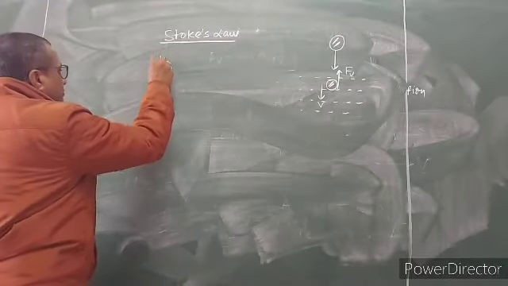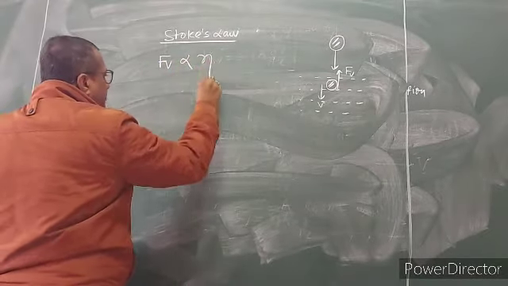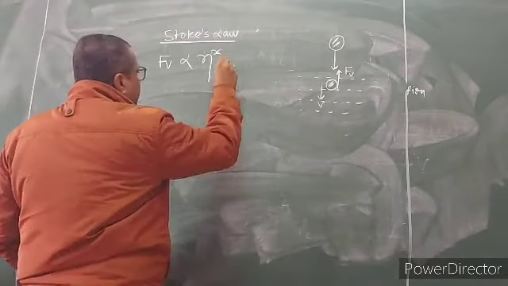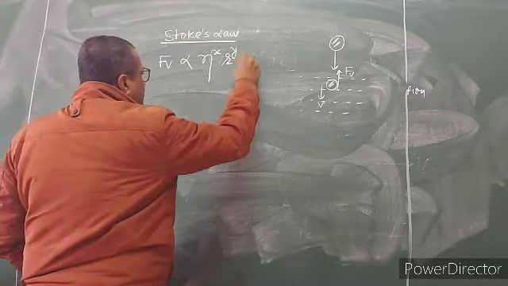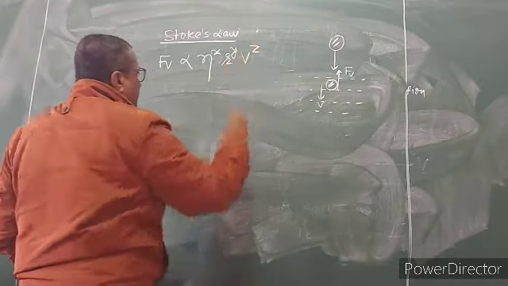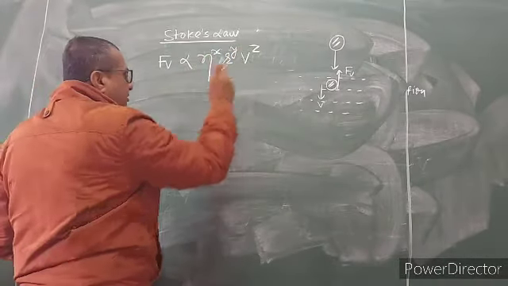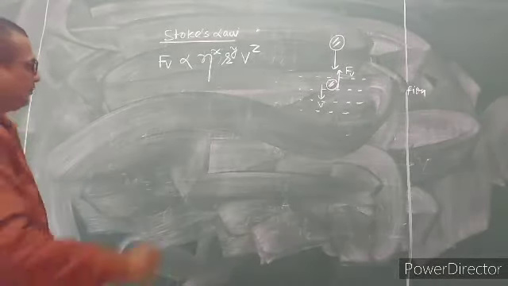This viscous force may be directly proportional to eta to the power x, the radius of the spherical body to the power y, and the velocity of the solid to the power z. We do not know whether these are directly proportional or inversely proportional.